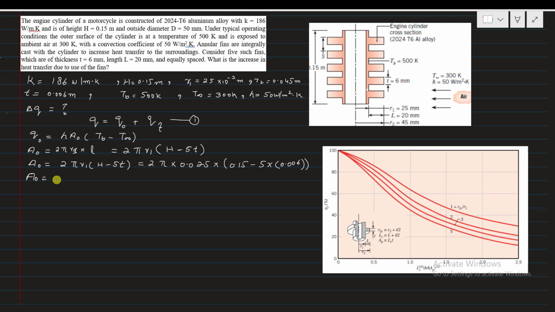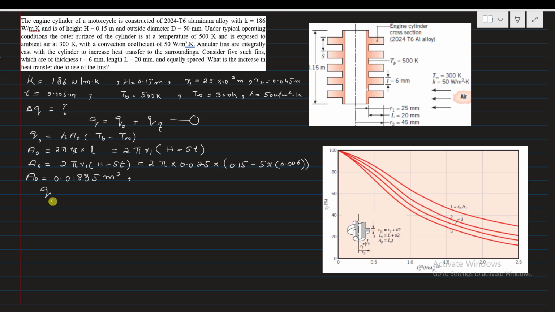So now we'll get 0.01885 meter square. Now put this surface area in these equations to get the heat transfer by the engine cylinder only.